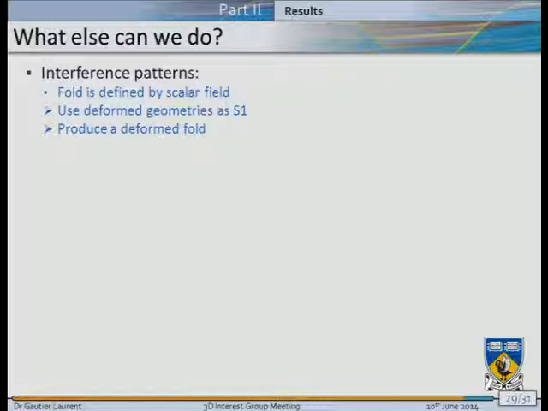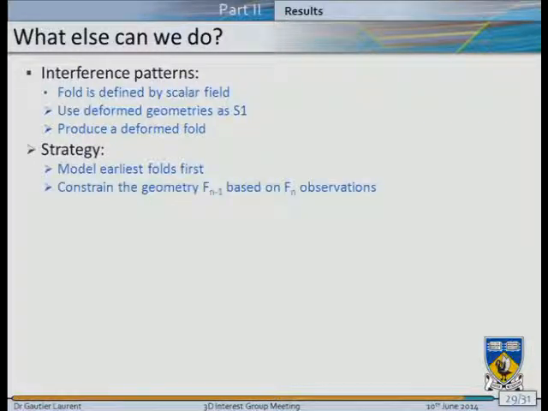What else can we do? We could do interference patterns, in fact, because everything we define here, the constraints are defined relative to implicit scalar fields. So it's really easy to deform the scalar field, and then the constraint is also taking this deformation into account. So the strategy is we model the earliest fold first, and then we go backward in time.